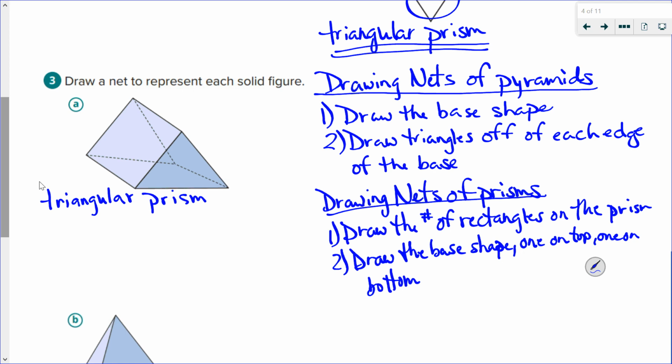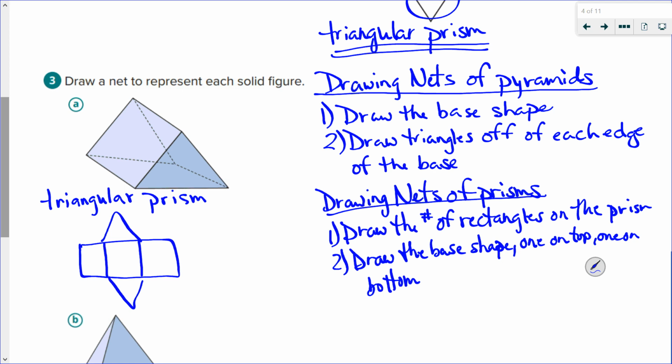In this case, because it's a triangle, there's going to be 3 rectangles. I do 3 rectangles. And then I draw the base shape, one on top, one on bottom. So my base is a triangle. I draw one on top, one on bottom. Pretty easy to do, right? No. You're literally just unfolding it. It's origami. It is very similar to origami.